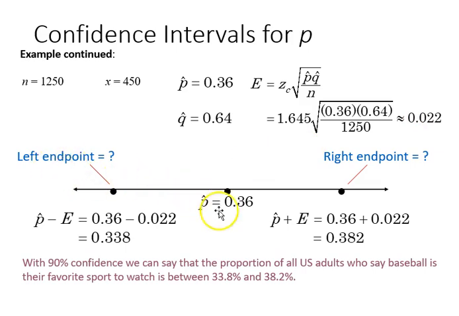So our left endpoint is going to be 0.36 minus 0.022, and the right endpoint plus 0.022. So with 90% confidence, we can say that the proportion of all U.S. adults who say baseball is their favorite sport to watch is between 33.8 and 38.2.